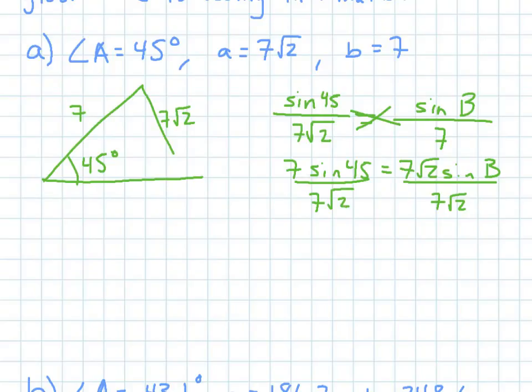Let's plug that into our calculator to see what sine of B is. That gives me 1/2, because it gives me a value or an answer. That's the first step. Now the next step is deciding if this is going to be one solution, two solutions, or no solutions.